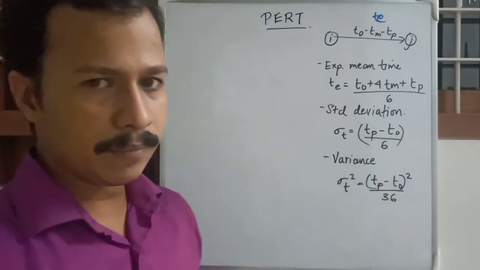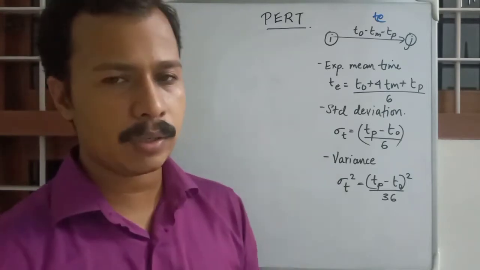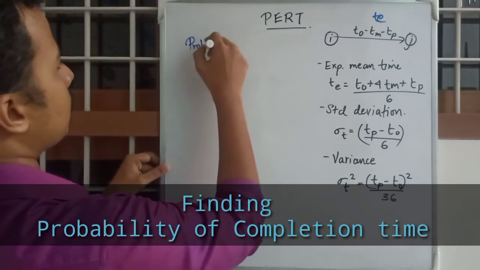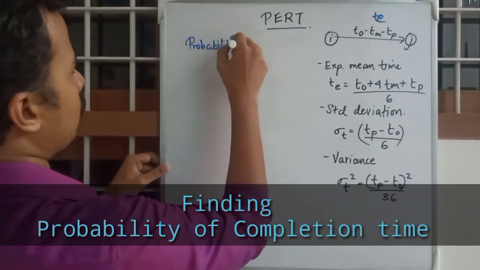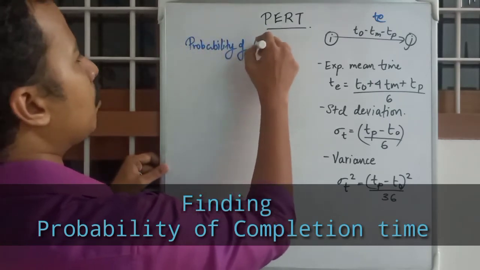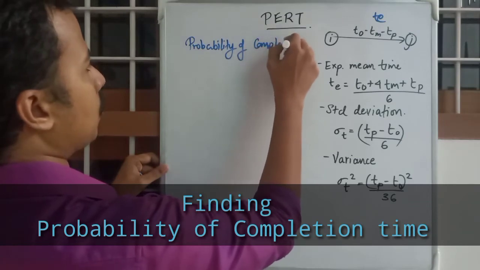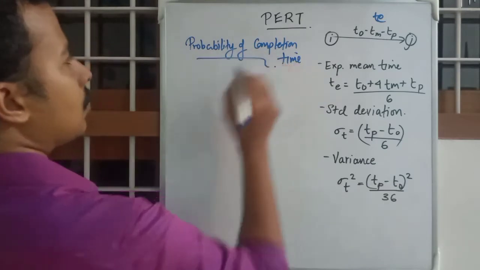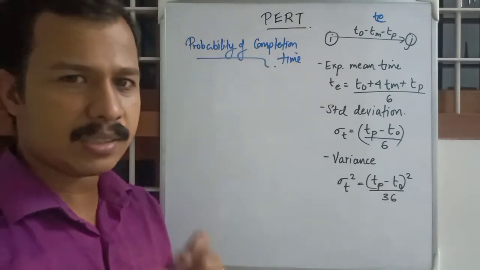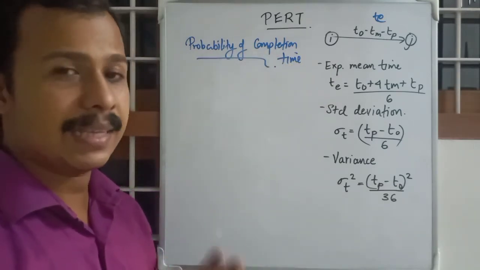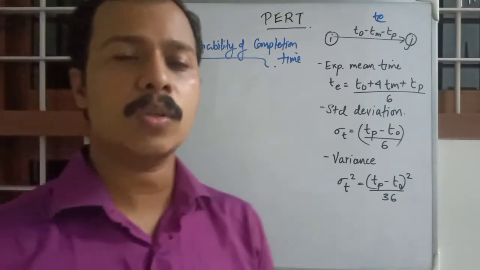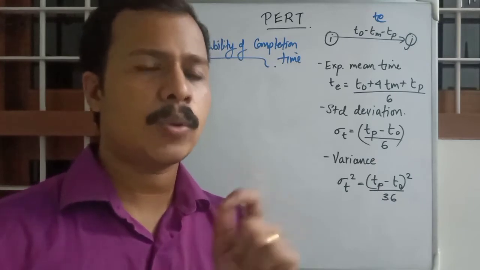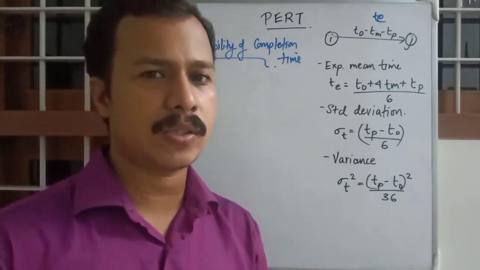Okay, today with these basics we are going to learn about the probability of completion time of any project. The idea is, suppose you have a project and its critical path duration is 15 weeks.